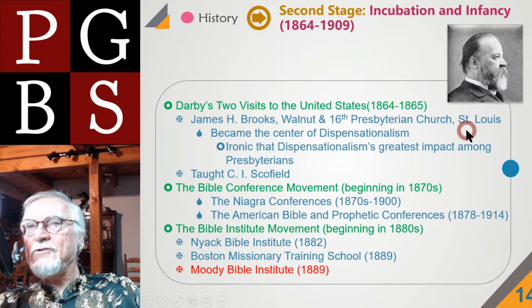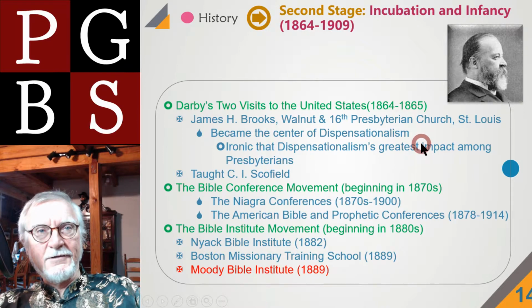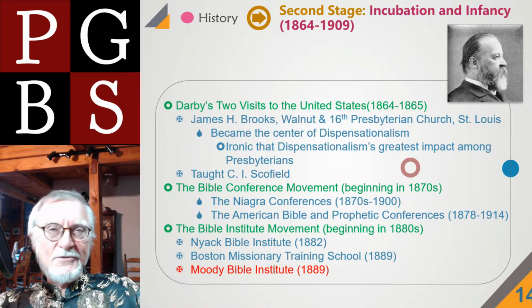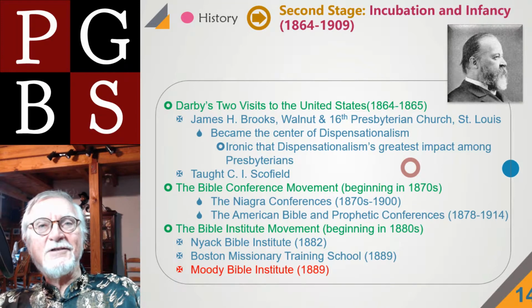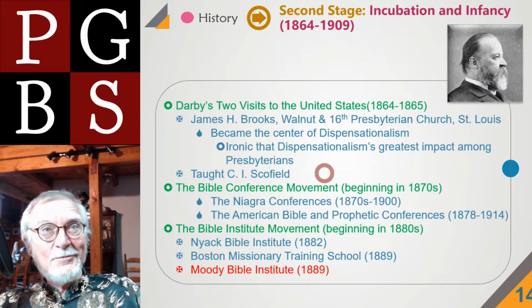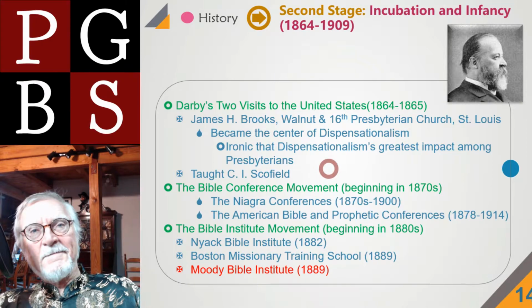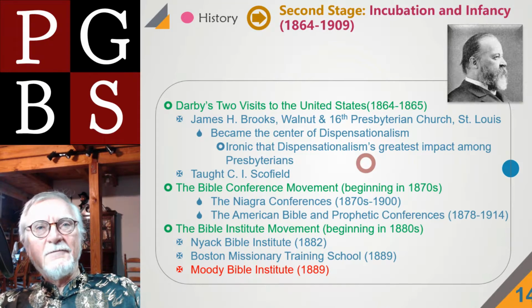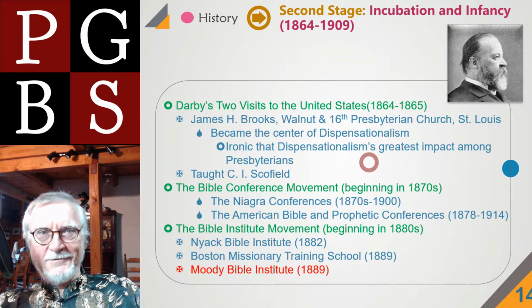And this Presbyterian church became the center of dispensationalism, which is again ironic, because Reformed people despise dispensationalism today, and yet dispensationalism's greatest impact was among Presbyterians. Sort of weird. Dispensationalism is intertwined with the history of charismatics and the history of Presbyterians, both of whom really, really don't like dispensationalism.